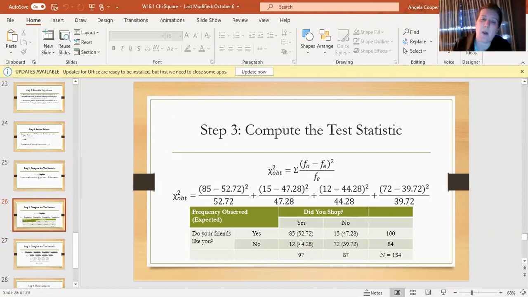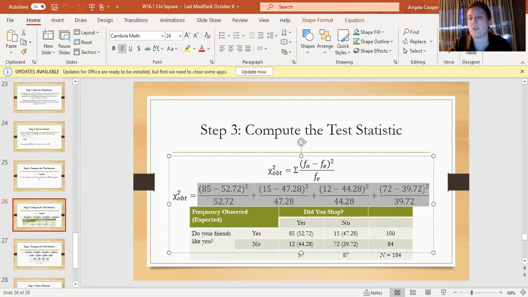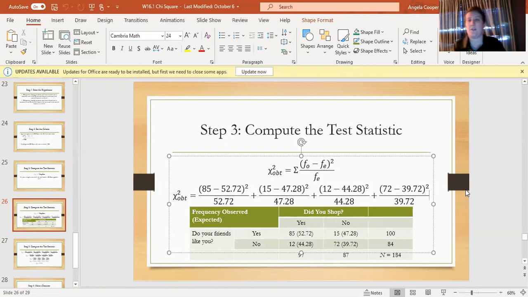So we have 4 boxes here. We have 4 total conditions, 2 for our did you shop categorical variable and 2 for do your friends like you categorical variable. So that's telling me we should have 4 fractions here, 1 for each of the expected and observed frequency values.